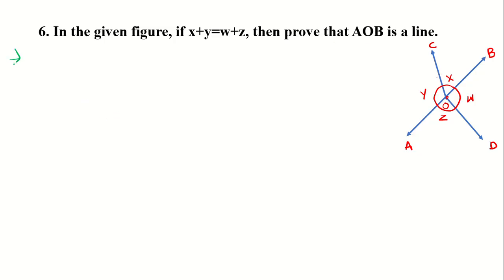Okay. First it is given that x plus y is equal to w plus z. Let us say this is equation 1. Now what are we required to prove? We are required to prove that AOB is a line.